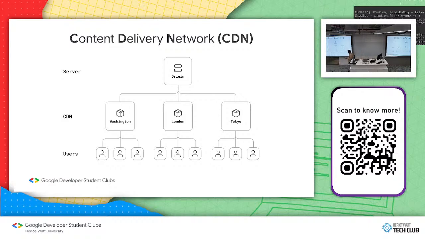So, for example, if you're closer to Washington, the page will automatically try to find the CDN closest to your geographical location and request the assets from there, so that your web page can load faster than it would when it was just hosted on a normal origin server.